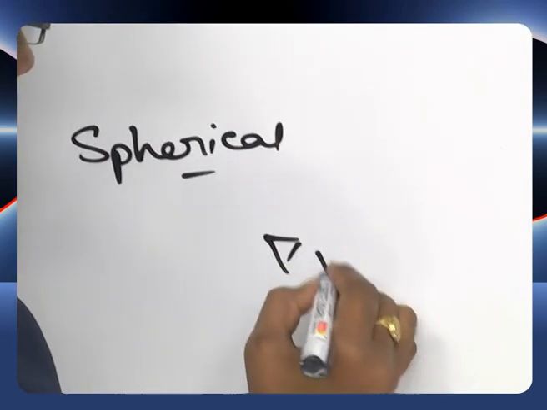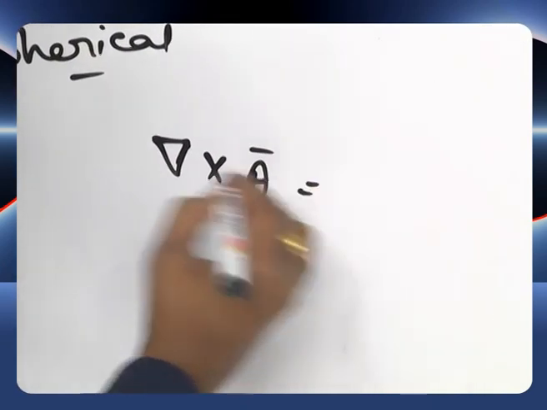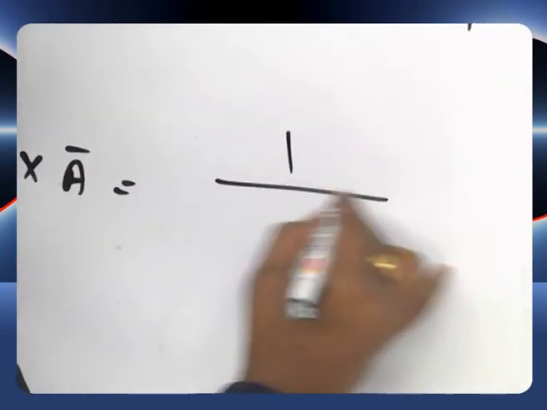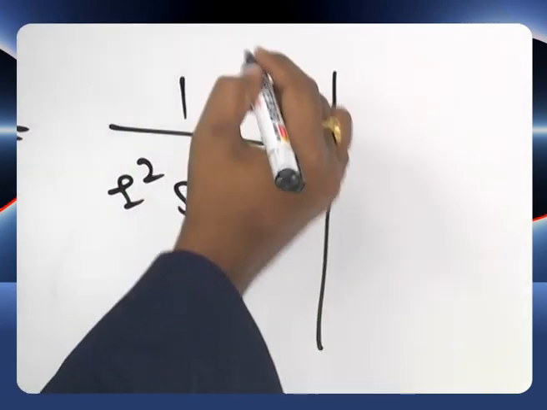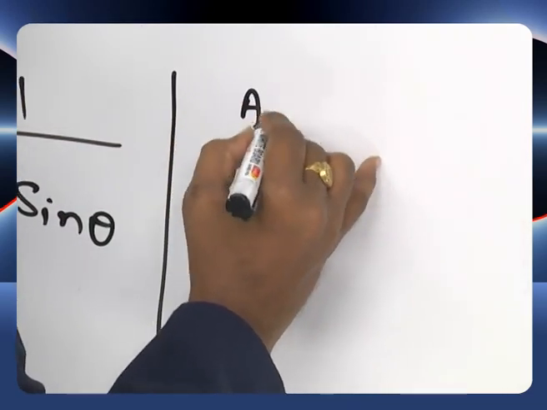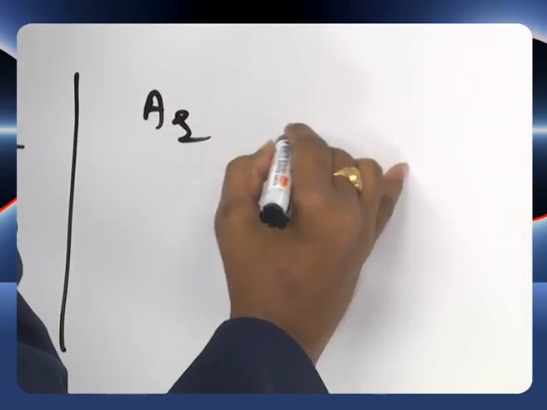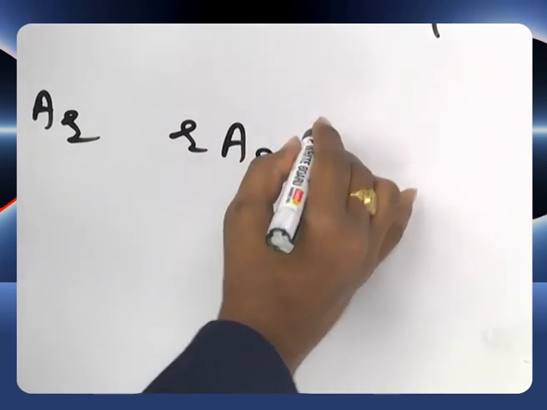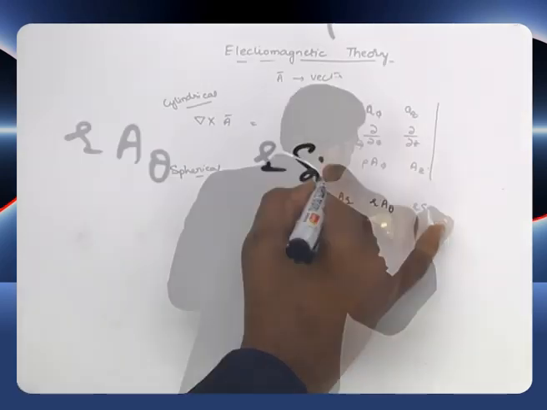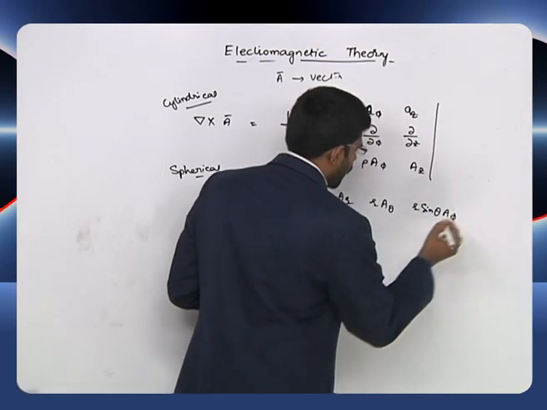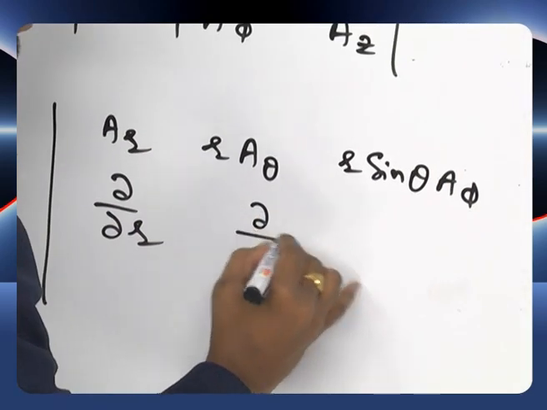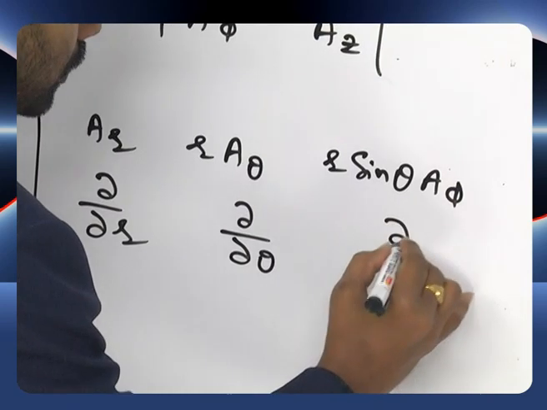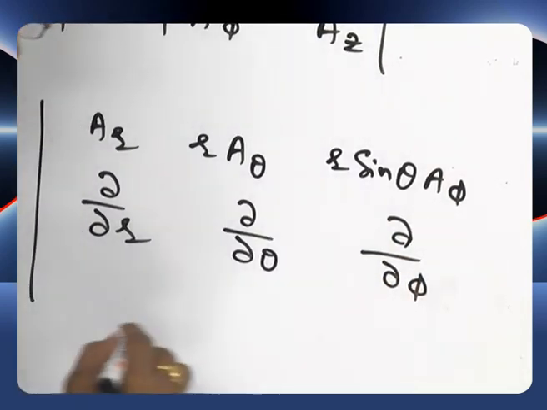In spherical coordinate system, the same operation, that is the curl operation between del and a bar, can be written as 1 by r square sin theta times the determinant of ar, r a theta, r sin theta a phi; dou by dou r, dou by dou theta, dou by dou phi.